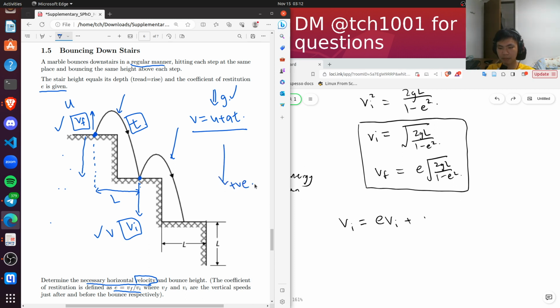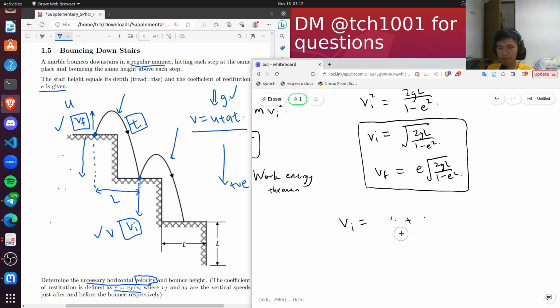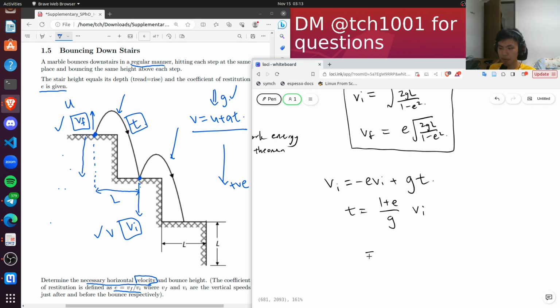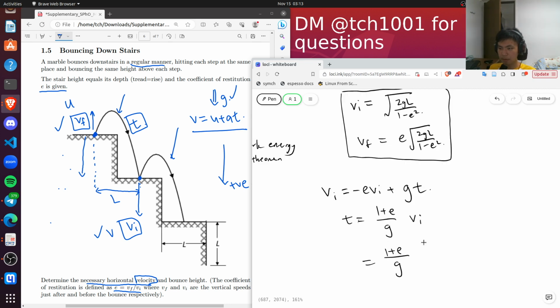Then the final velocity, which is upward, is minus e Vi, equal to Vi plus g times time. So time equals 1 plus e over g, times Vi, which is 1 plus e over g times the square root of 2gL over 1 minus e squared. And that's the time.